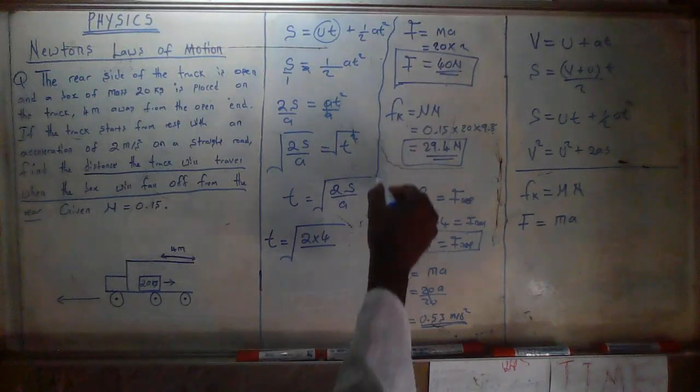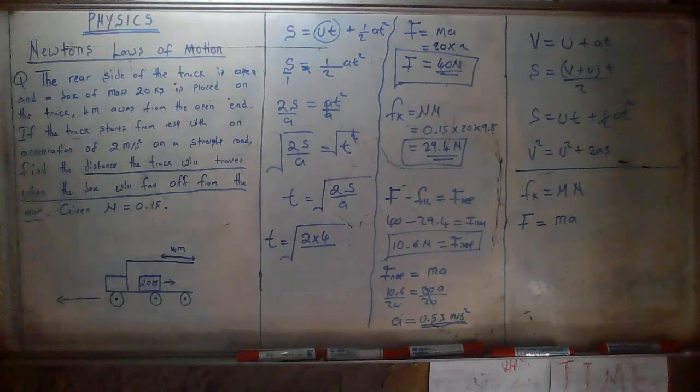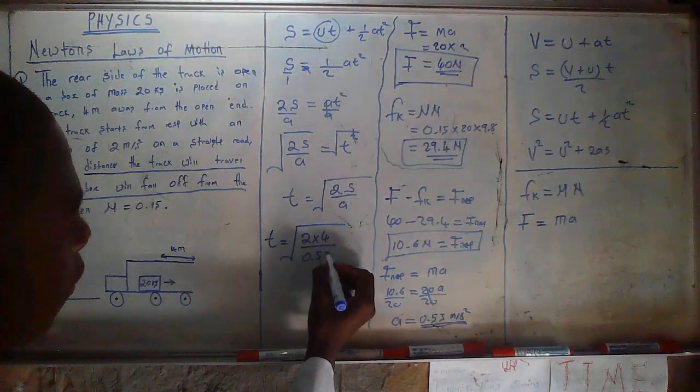Therefore, as we can see, we can just get this acceleration and press here, because our interest is finding the time, right? So press here 0.53.